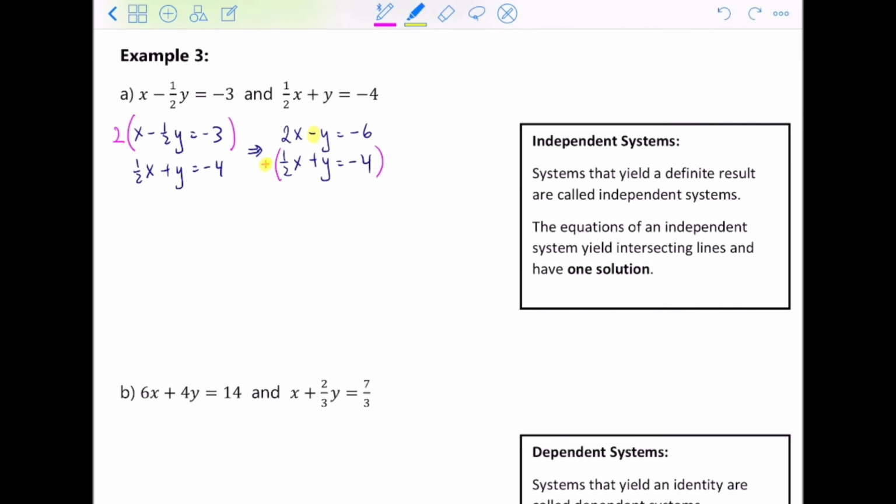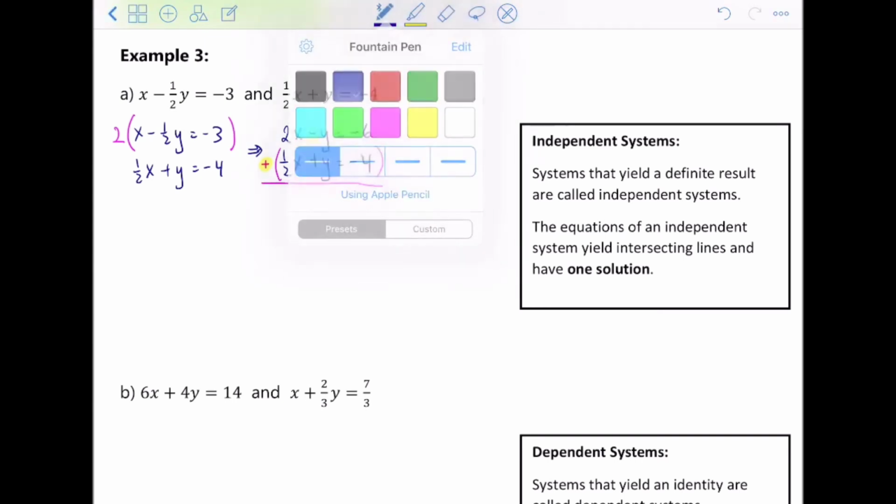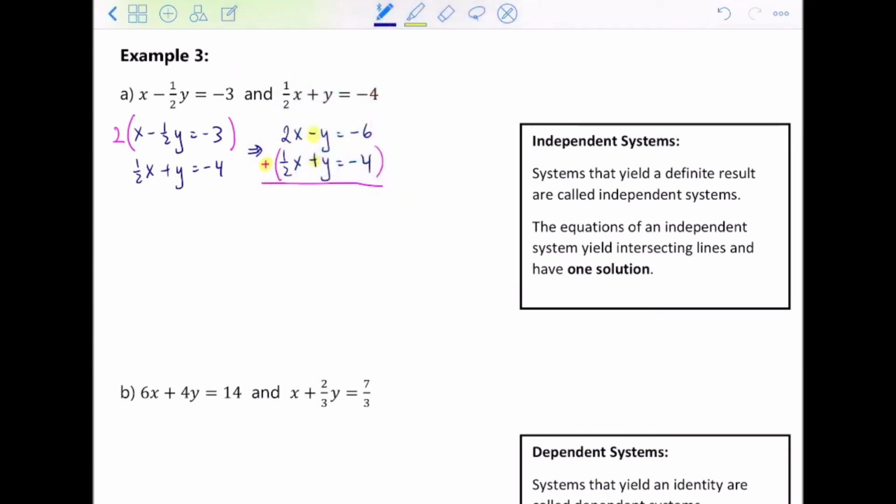So this time we want to add the positive value to cancel out the negative. Okay. So this one, we end up getting 5x, because we're adding. And then 0y equals negative 6 plus negative 4, which is negative 10.